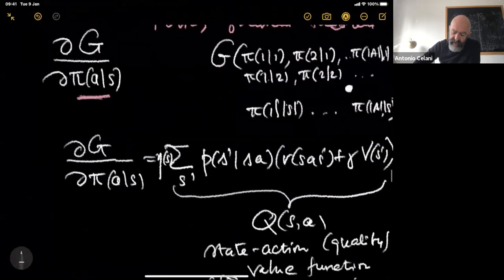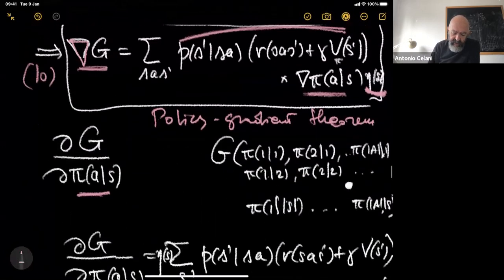Very few last steps. This part is very easy because if we take the derivative of this with respect to the policy itself, this is just selecting the indices A and S in the sum. It's a linear function, and consider A and S as coordinate indices in my space of policies.